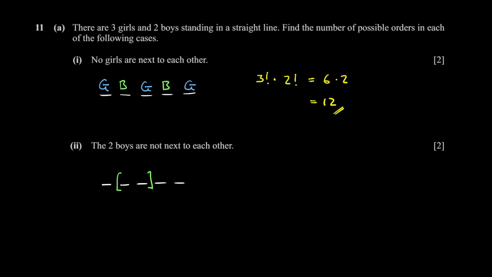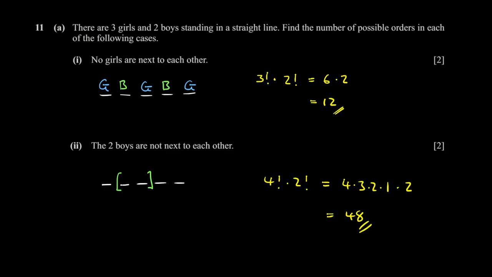Well, there are 4 factorial ways of arranging those units. And then how many ways can I arrange the 2 boys? Well, there are 2 factorial ways. So I multiply through by 2 factorial. So I get 4 factorial, which is 4 times 3 times 2 times 1, times 2, right? So 4 times 3 is 12, times 2 is 24, times 2 is 48.